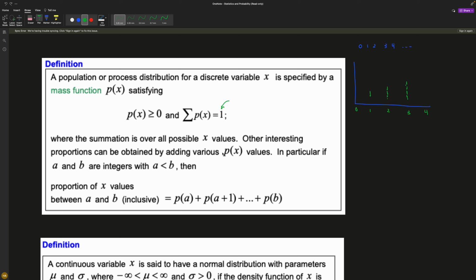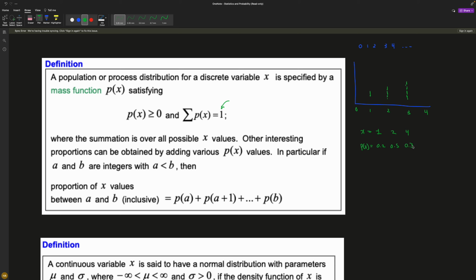In particular, if a and b are integers with a less than b, then the proportion of x is, as I was saying, that you just add them up. Usually what they'll give you is some x values and some p of x values, like 0.2 at 1, at 2 it's 0.5, at 4, 0.3.